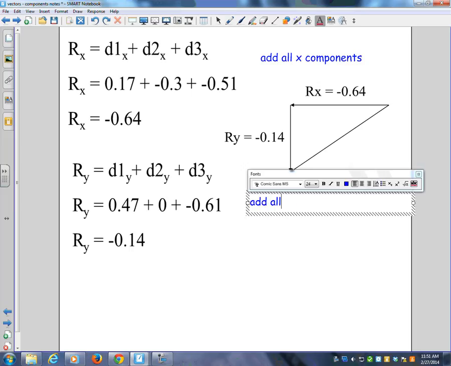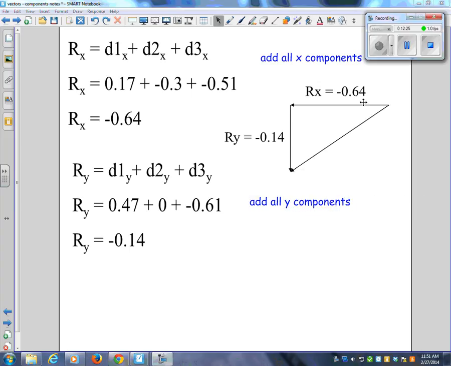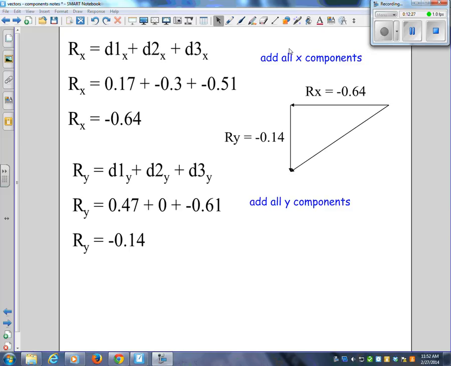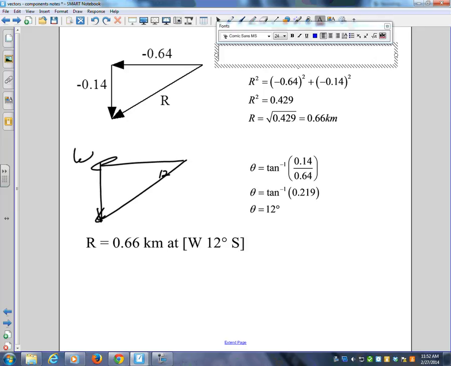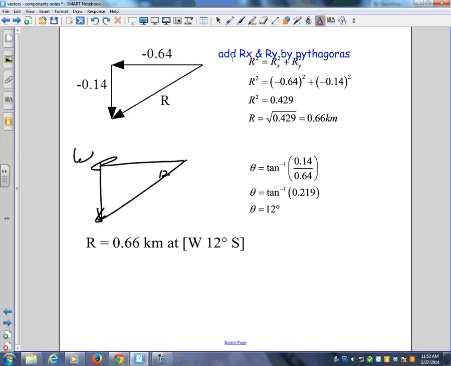Add all y components. Right? And once you've added all the x and y components, then add Rx and Ry by Pythagoras. Right? And then do what? Find your angle.